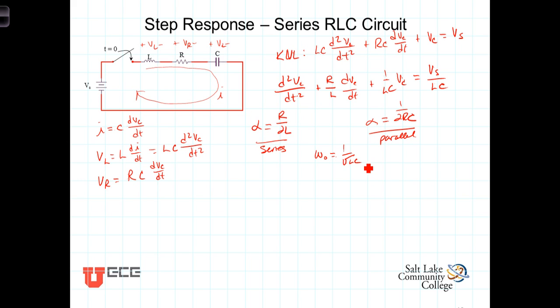So, we would go through the same type of analysis as we did before, and after all was said and done, we would find that in the overdamped case, where alpha squared minus omega naught squared is greater than 0, V would equal some final voltage, the particular solution, plus the homogeneous solution, A1 e to the S1t plus A2 e to the S2t.